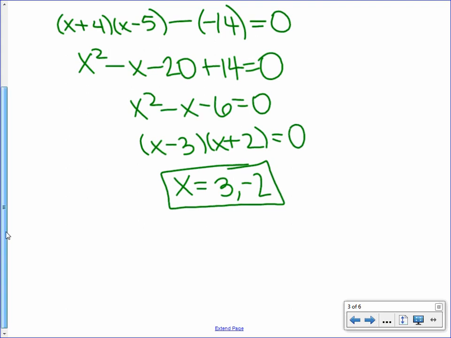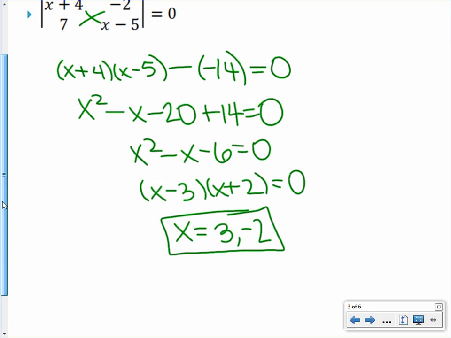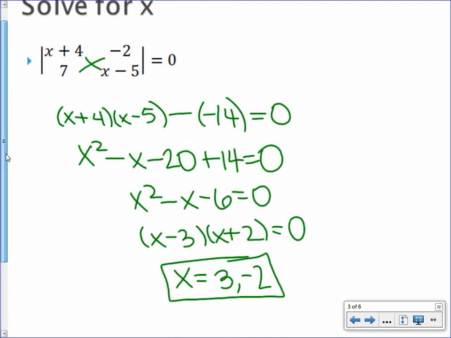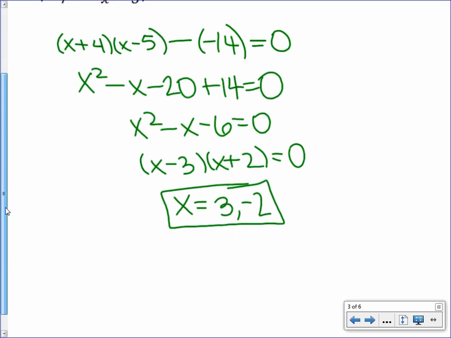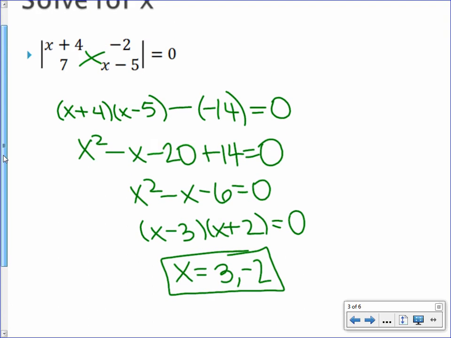Are we allowed to have negative numbers in our matrices? Yes. Both of those answers are great. Those are just values that work for x. So when we plug those in, we would have two different matrices that have determinants of 0.